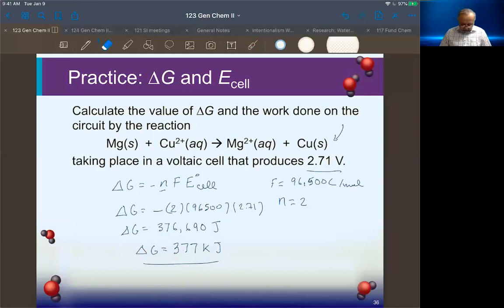And that is 523,030 joules. And that would be 523 kilojoules.